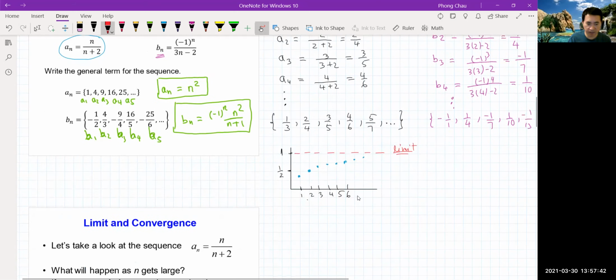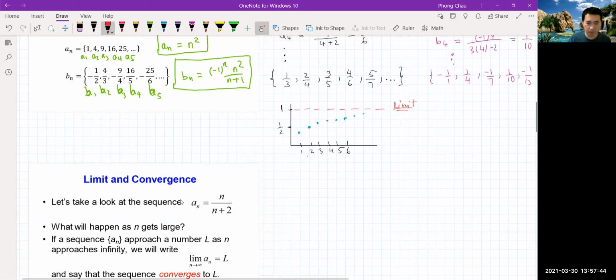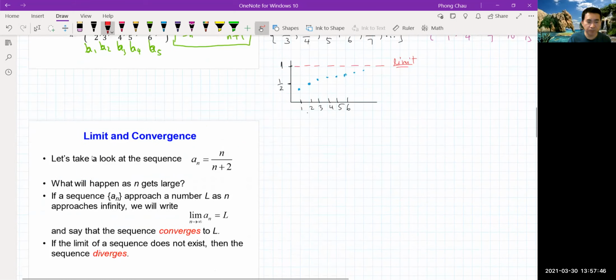And so we say, from this example, what will happen when n is getting large, going to infinity? The sequence approaches a number, in this case 1.